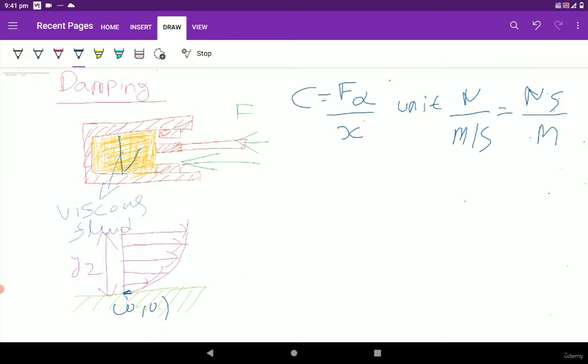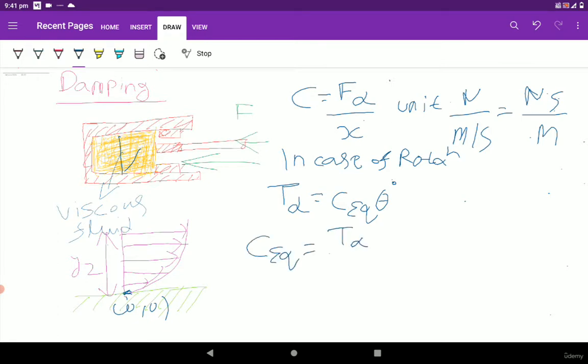In the case of rotation, the damping torque is equal to C equivalent times theta dot, that is the angular velocity. So C equivalent is equal to T_D upon theta dot. The unit in this case is Newton meter per radian per second, and after further simplifying we get Newton meter second per radian.